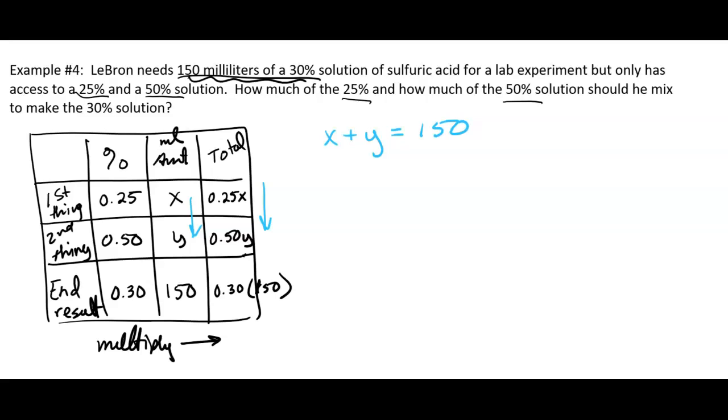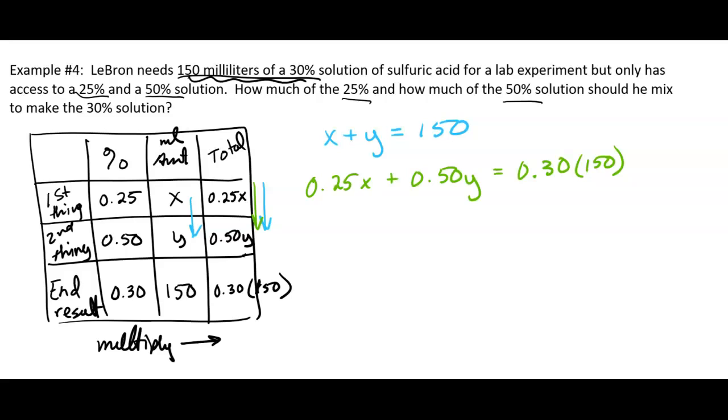Hopefully that equation makes sense: I'm taking so many milliliters in one beaker, so many milliliters in the other beaker, mixing them together for a total of 150. The other equation comes from here. We have so much sulfuric acid plus so much sulfuric acid in the second beaker, and that gives us how much sulfuric acid we actually have in the resulting mixture.